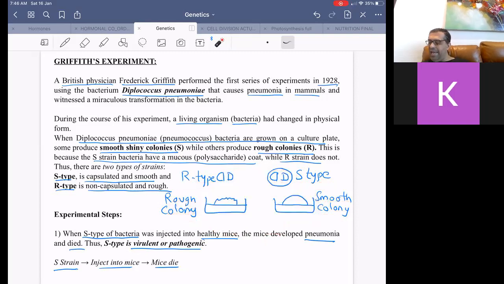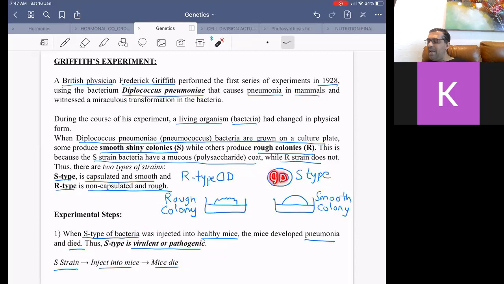He took the S-type bacteria and put it into mice. He found the mice developed pneumonia and died. Hence, S-type is pathogenic. It causes pneumonia, and is called virulent. It's a pathogen. It causes death. Why, sir?